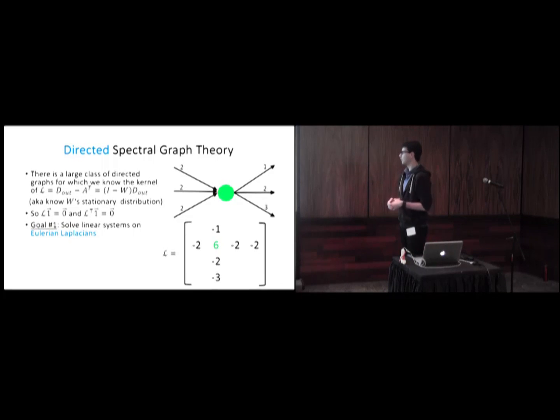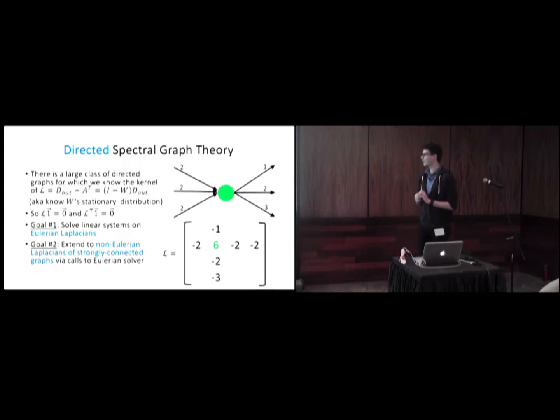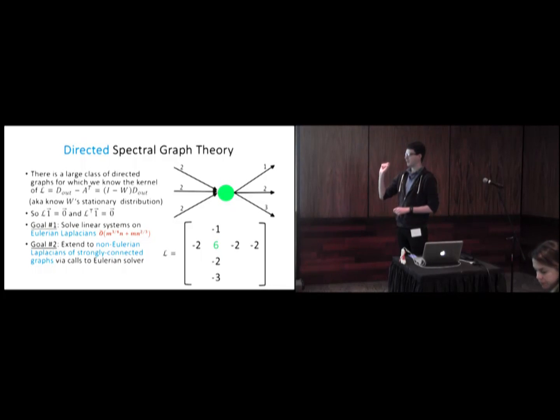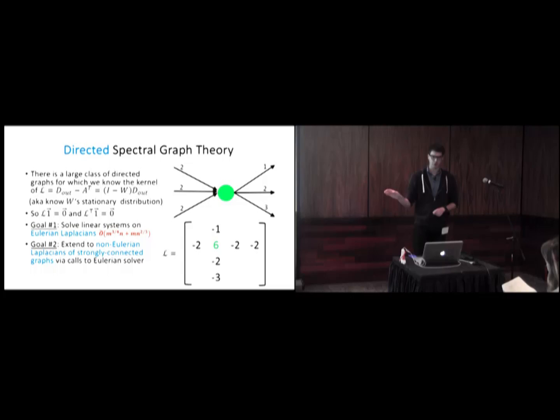And then if this succeeds, we're going to try to extend this technique to solve directed Laplacians associated to non-Eulerian, strongly connected graphs. It turns out that we can solve the first problem in time m^(3/4) n + m n^(2/3), which, notice, in the sparse regime is n^1.75.